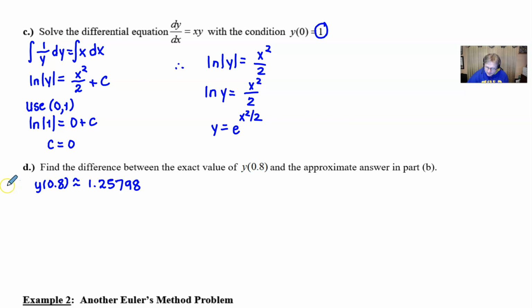Now, it says to go ahead and find the exact value of y of 0.8. That's going to be a little bit tough to write as a decimal, because it's basically not going to terminate. By the time that we plug in 0.8 for our x up here, and then divide by 2, it's very likely that we're going to have to round that decimal.